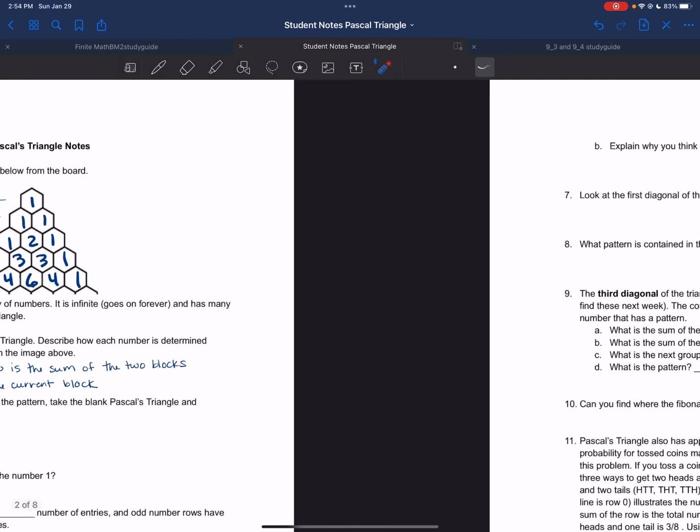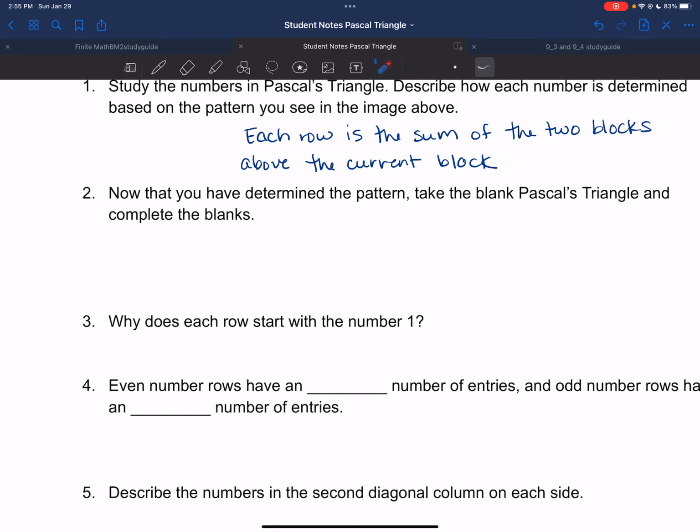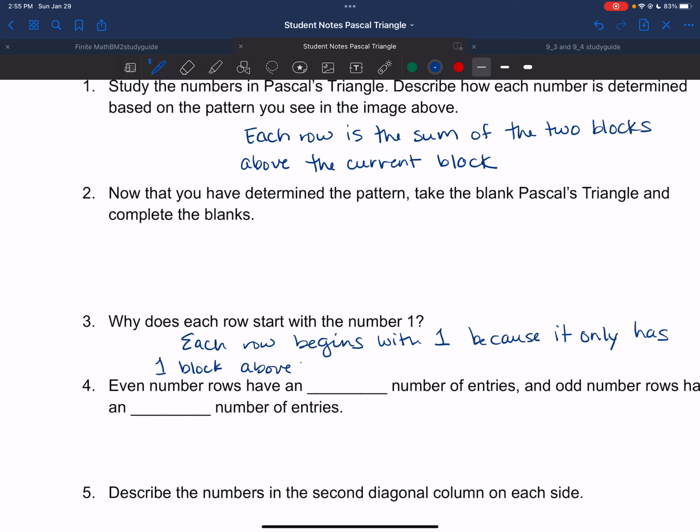Okay. So once it's filled out, why does each row start with a number 1? Well, because it only has one block above it that has the value of 1. Each row begins with 1 because it only has one block above it with the value of 1.